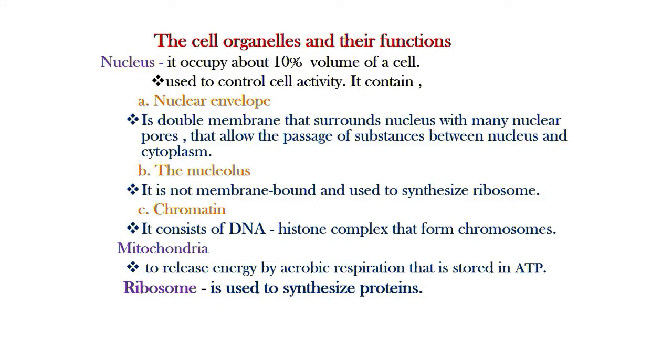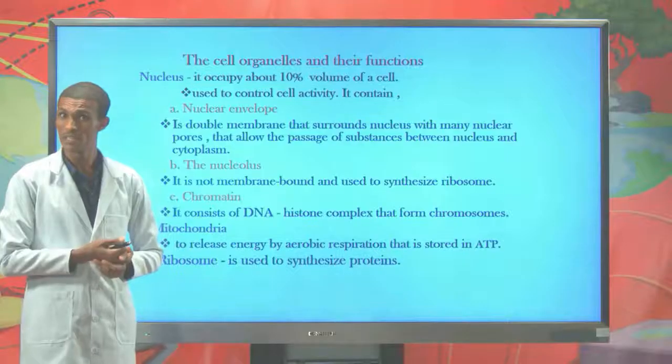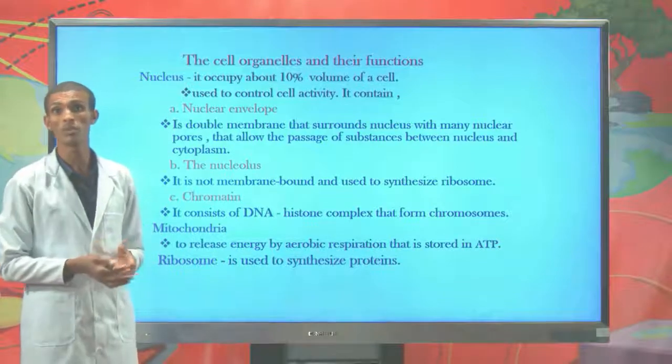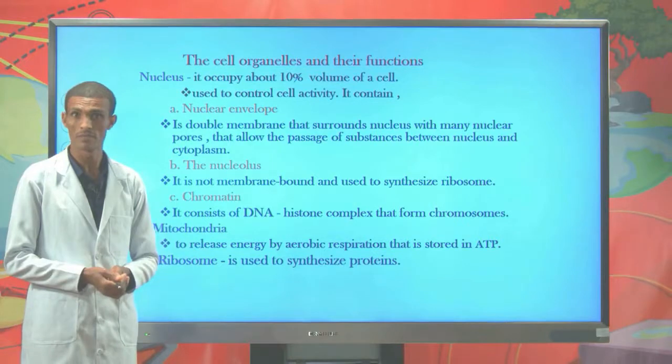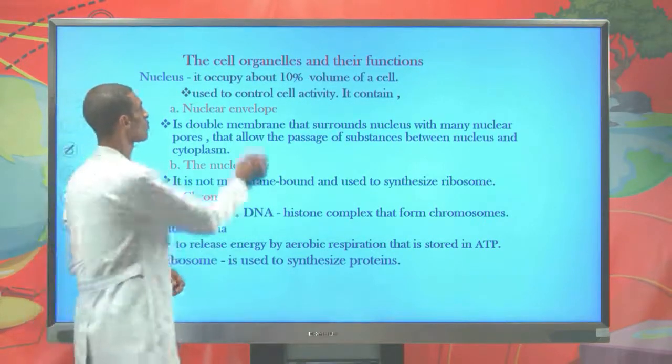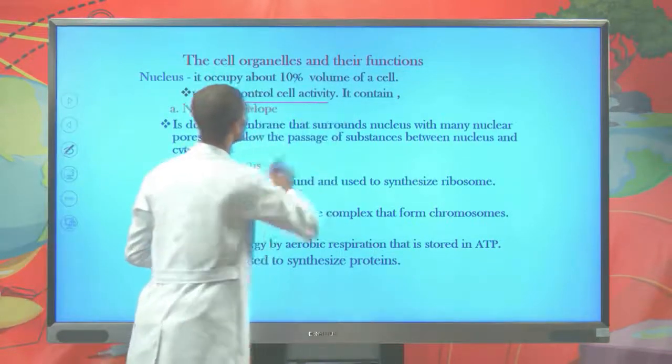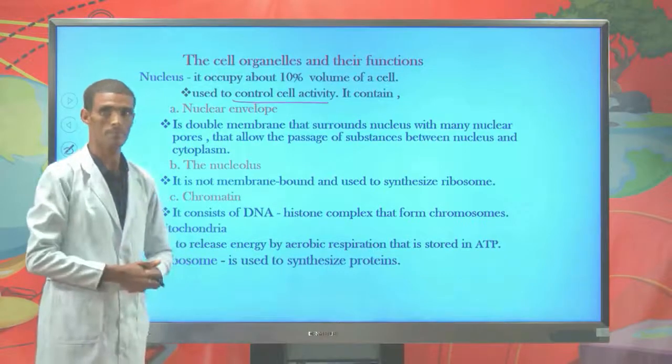Students, the first and most important cell organelle is the nucleus. Students, do you know that the nucleus contains about 10% of the volume of the cell? Very good. The nucleus is very important in controlling cell activity.